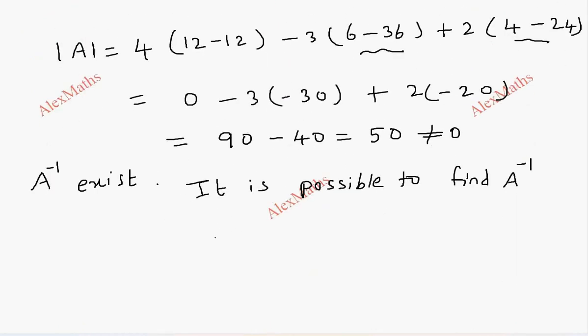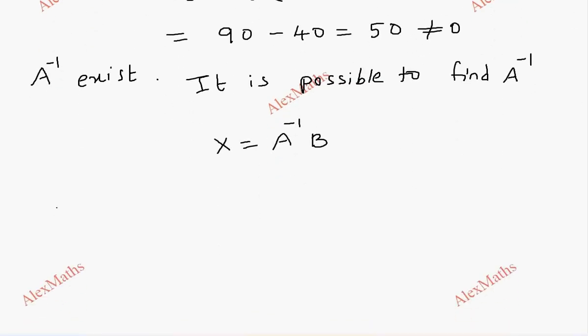The formula for x is A inverse into B. So we have to find A inverse. For that I have to find all the cofactors.